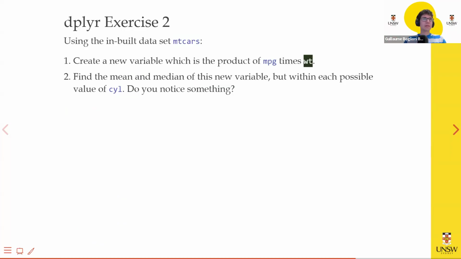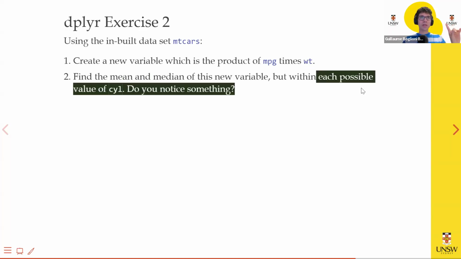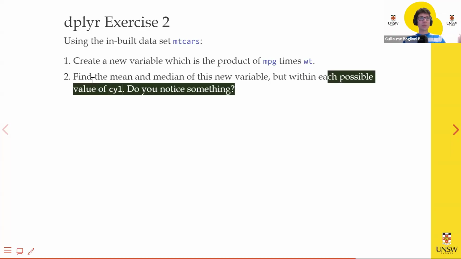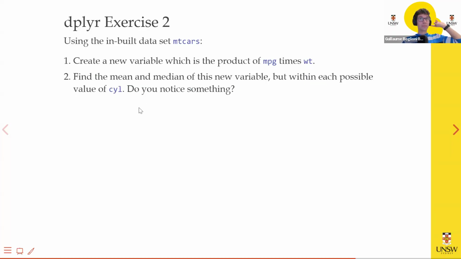And then once you've done that, find the mean and median of this new variable, but within each possible value of cyl. And then do you notice something? Now, if you want the mean and median within each possible value of cyl, this should be an application of the functions group by and then summarize. Yes, correct. So let's look at the solution.